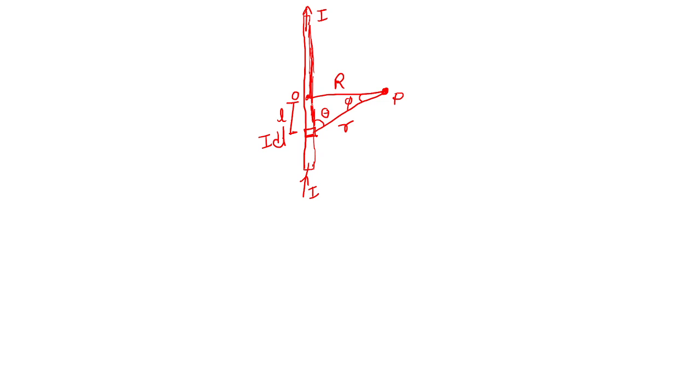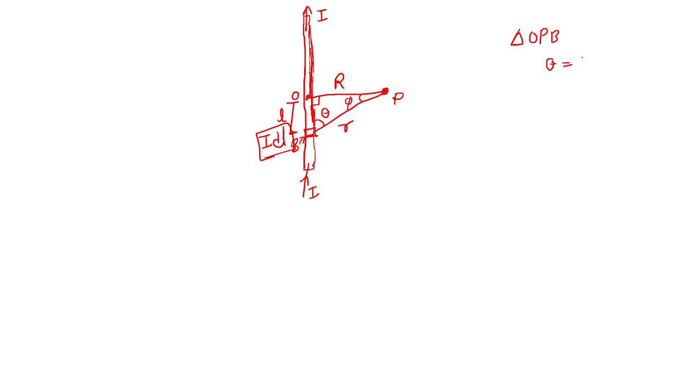We know that this is a 90-degree triangle. From this triangle OPB, where this point is B and the O point is here, IDL is the small current element that we had considered. So from triangle OPB, we can calculate the value of theta.